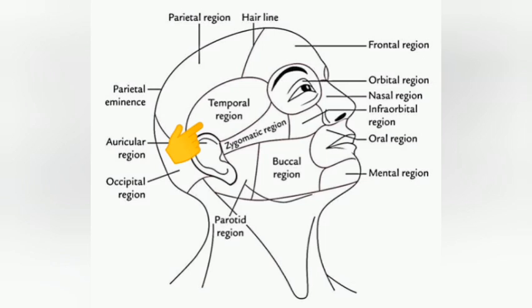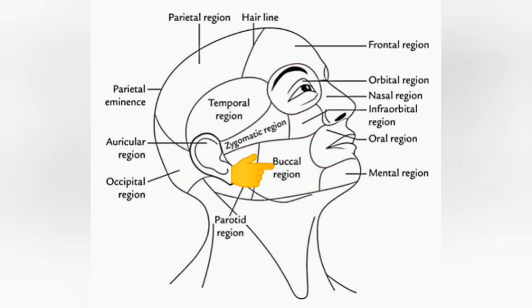It is made up of a temporal region. It is made up of an auricular region, that is the region where your ear is. It is made up of a mastoid region. It is made up of your orbital region. It is made up of your infraorbital region.